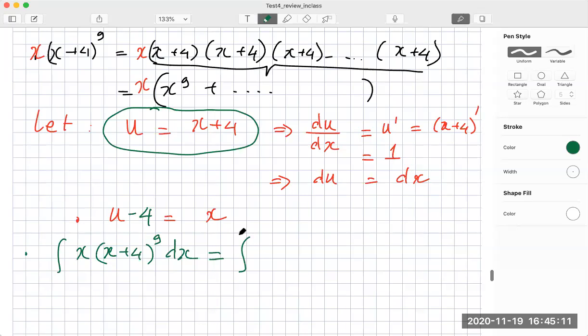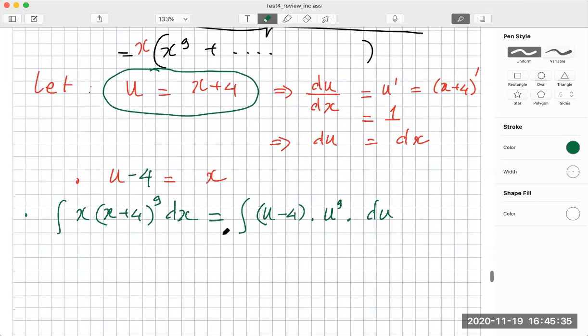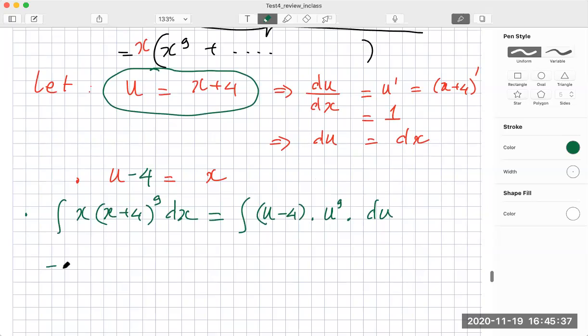Okay, we know that x is u minus 4, and here x plus 4 to the 9 becomes, yes, u to the 9. And dx is equal to du. Okay, now it becomes a simpler integral. What should we do now?